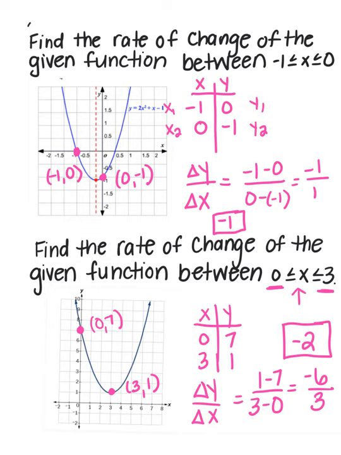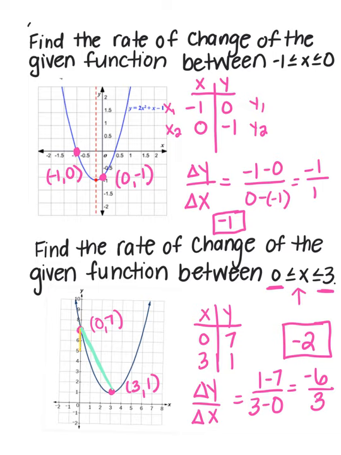Now let's go back and look at what the rate of change is actually indicating for us. When we're talking about this rate of change, we're talking about the change that happens between these two points right here. If I look at that -2, that's technically -2 over 1.